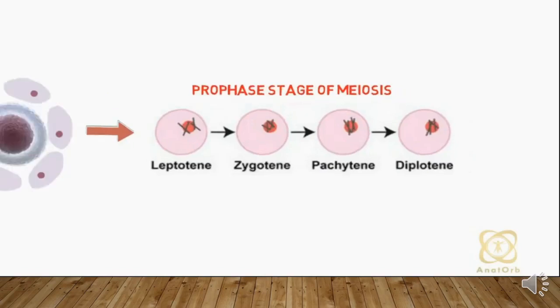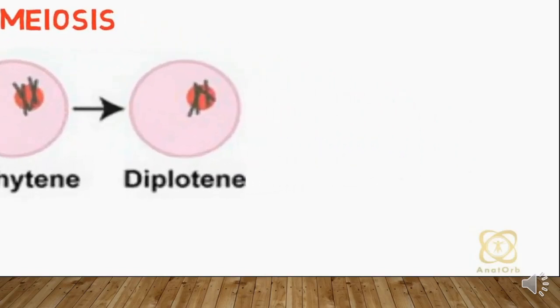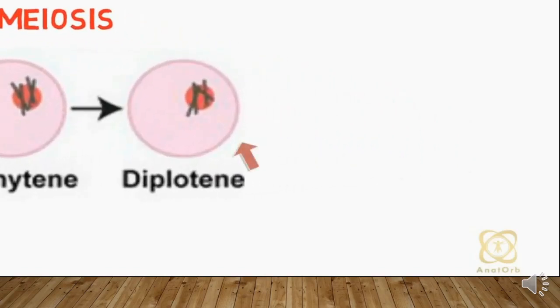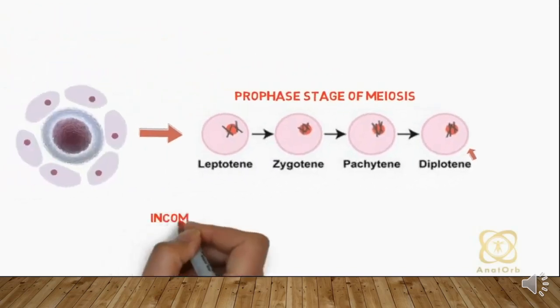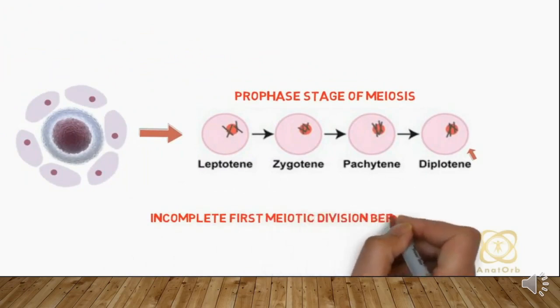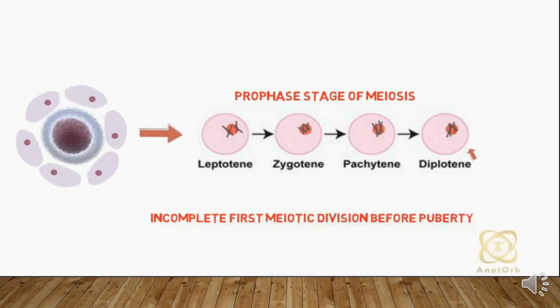Now the OMI arrests the meiotic division at the diplotene stage of prophase so that the primary oocytes do not finish their first meiotic division before puberty is reached.